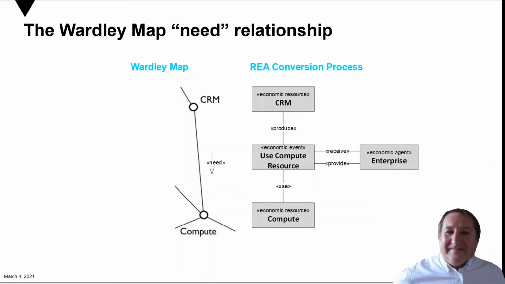And this makes the mapping between Wardley map and REA quite straightforward, because we can model the need relationship as the REA conversion process. So, for example, here on the slide, the CRM service is produced using the compute service.